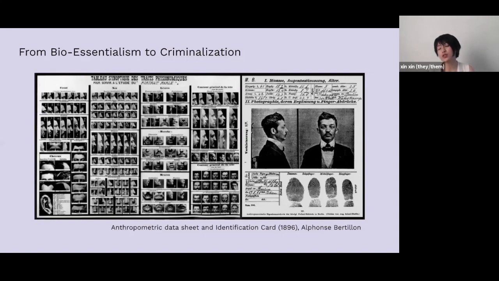He found a way to combine those techniques with the field of criminology, documenting someone who was seen as a criminal by the justice system at the time, and trying to pair biological features with criminality.